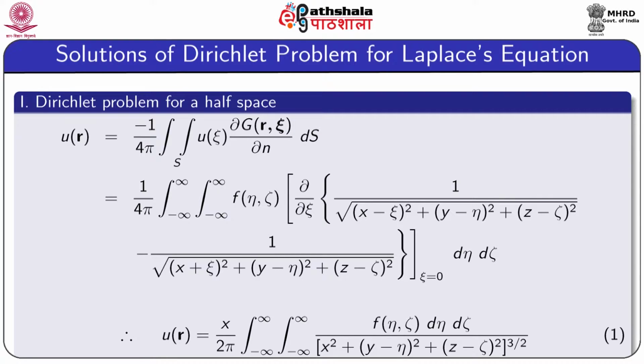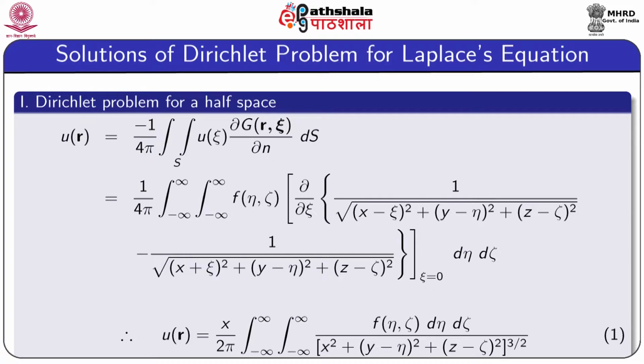This represents the quantity 1 by mod rho minus xi d eta d zeta. So, this is the solution where f eta zeta is the value of the function u on the surface S. So, after simplification it becomes u r equals to x by 2 pi.